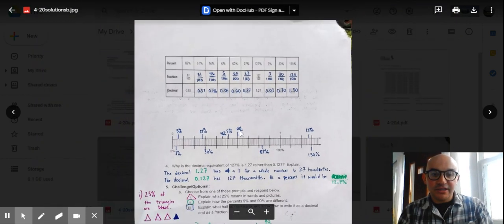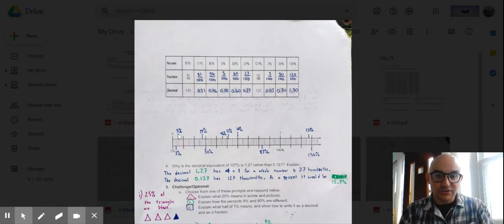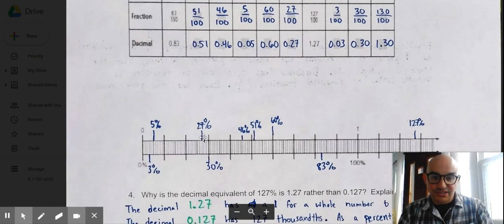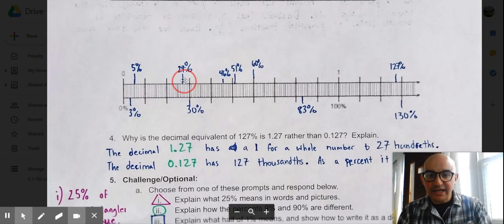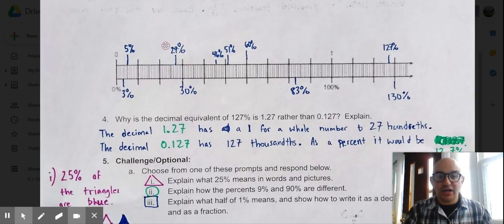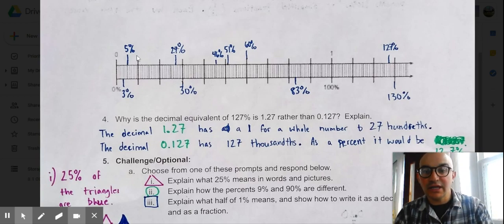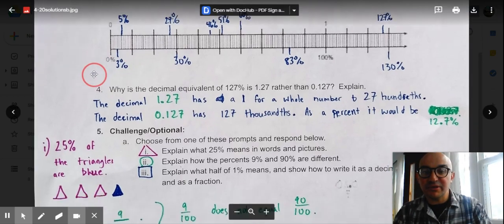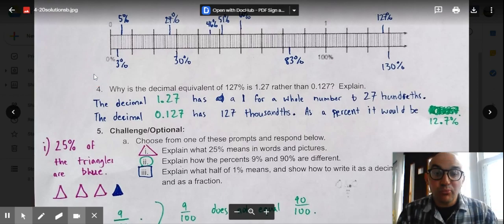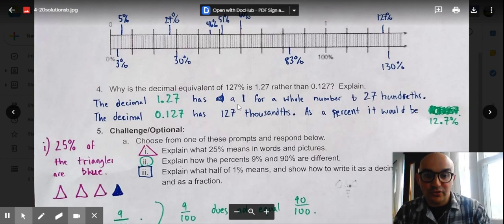Then your job on the number line is to find where each of these percents meet the number line and mark it using a little pencil tally mark, just like that. Okay, number 4: why is the decimal for 127% 1.27 rather than 0.127? Again, our wording might be a bit different, but the decimal 1.27 has 1 for a whole number and 27 hundredths.